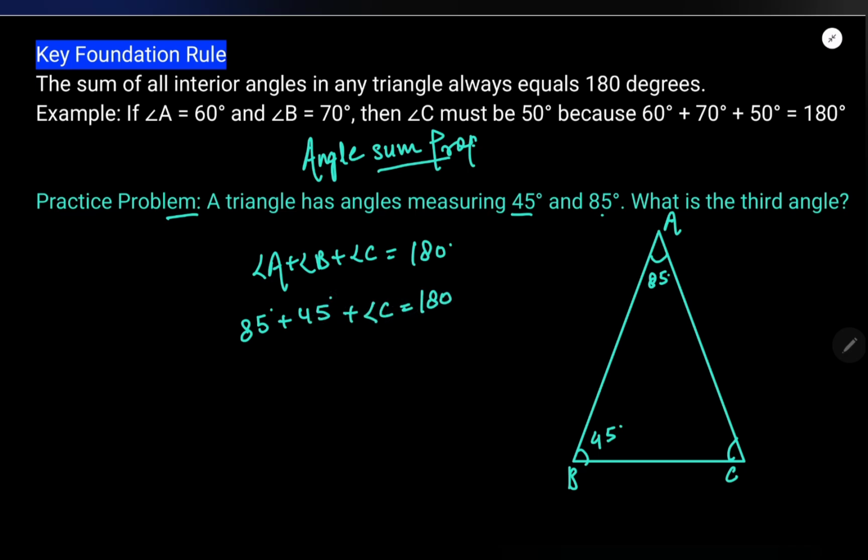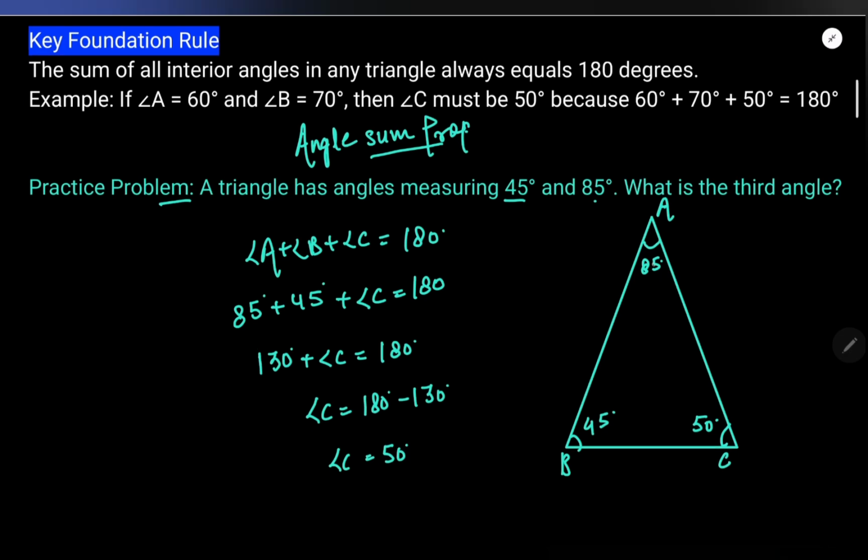So we will substitute the values of angle A and angle B and solve this equation to find angle C. What is 85 plus 45? It is equal to 130 degrees, plus angle C is equal to 180 degrees. So angle C is equal to 180 minus 130. So angle C is equal to what? 50 degrees. You can see as well the sum of all these angles is equal to 180.